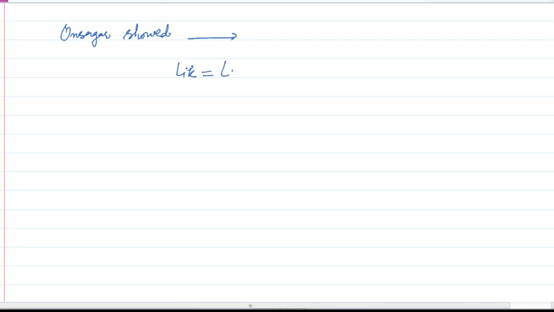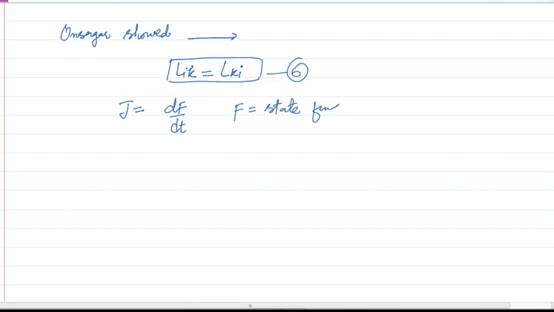That means these cross coefficients are basically equal. This was shown by Onsager.